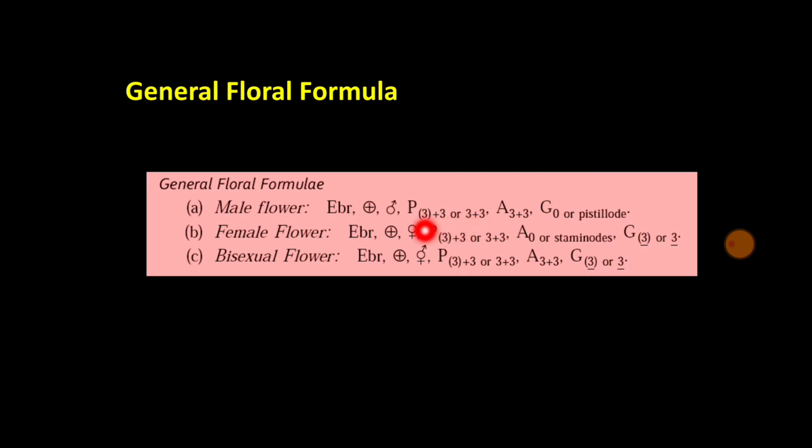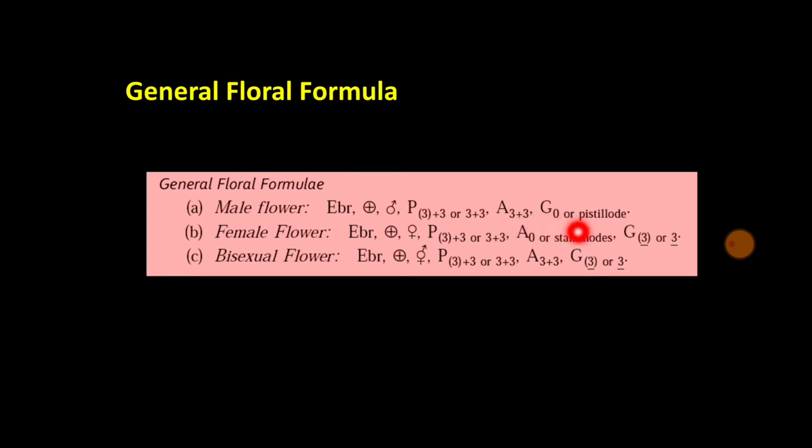The meaning of this parenthesis or the bracket is that the outer whorl of perianth parts, that is tepals, is united or fused, that is designated by the bracket, and the inner whorl is free, or either both the whorls are free. Androecium, the stamens are also 6 in number, that is the number that is multiple of 3, which is why the flowers are designated as trimerous. 3 plus 3, outer whorl is having 3 stamens and inner whorl is having 3 stamens.